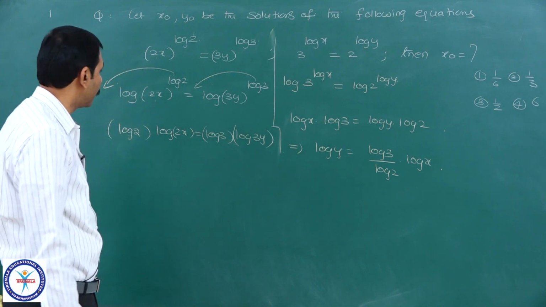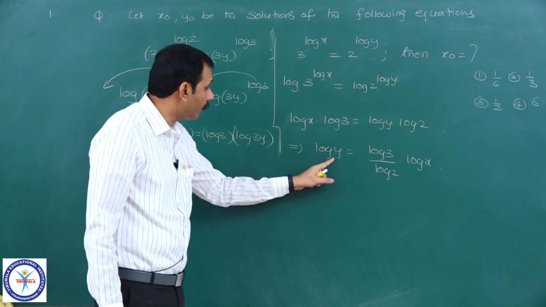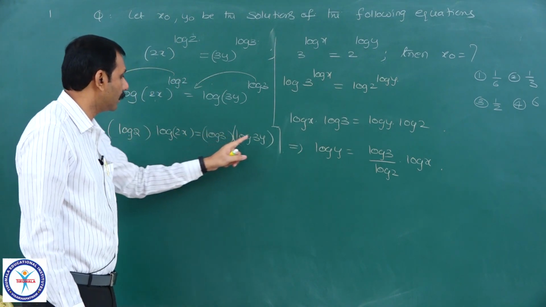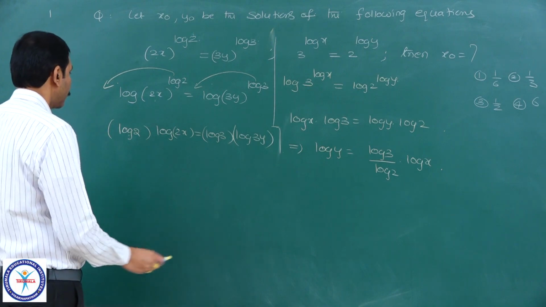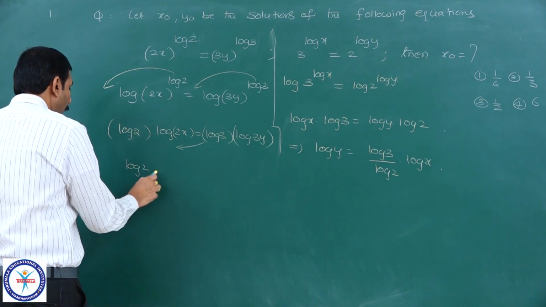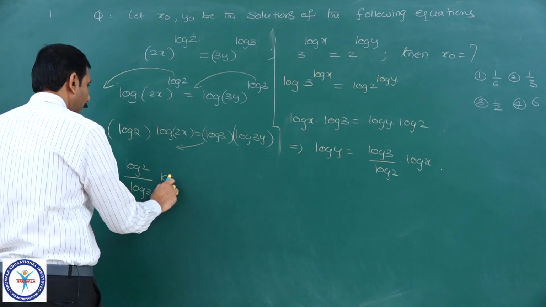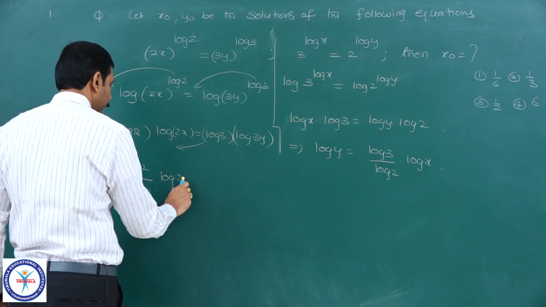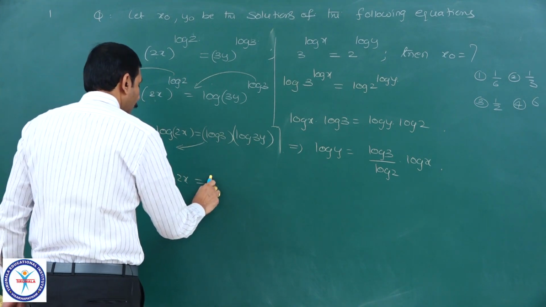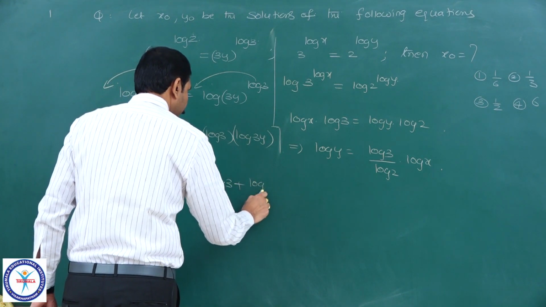Right. Now observe here. Wherever this log y is there, substitute that log y value in this. Here it is in terms of x, a constant. Therefore, see this. I will bring this side: log 2 by log 3 into log 2x is equal to log 3 plus log y.